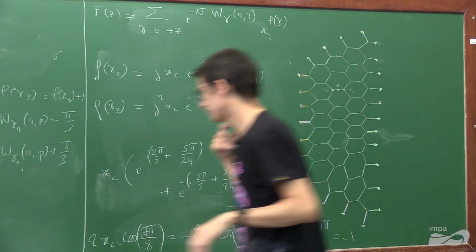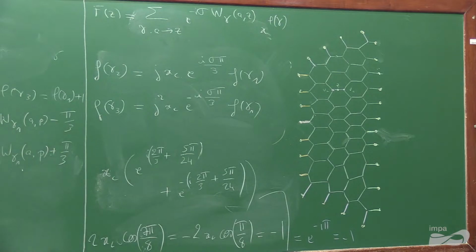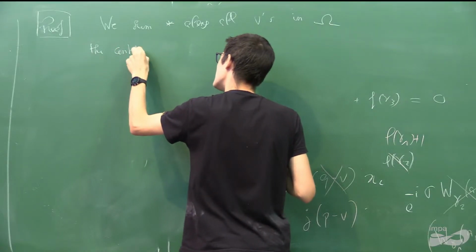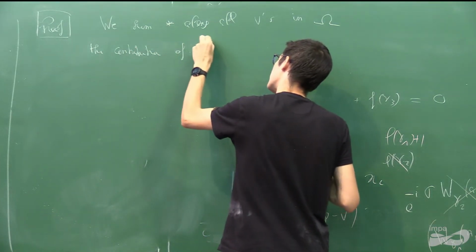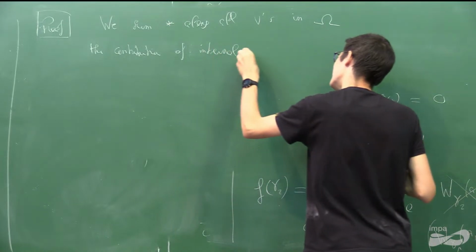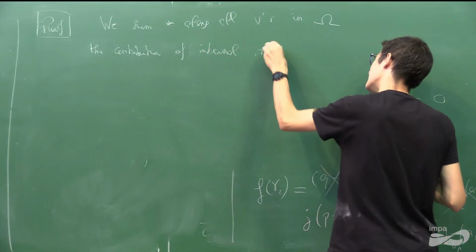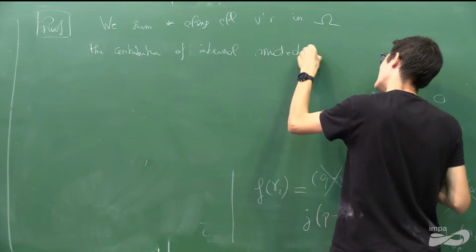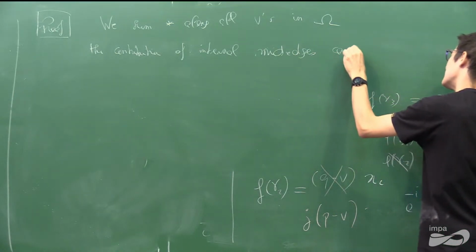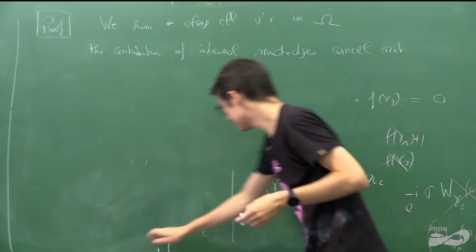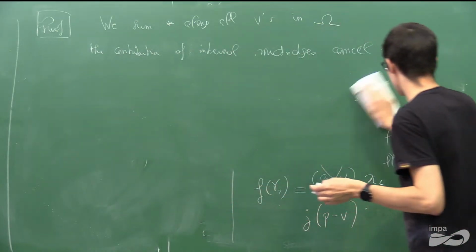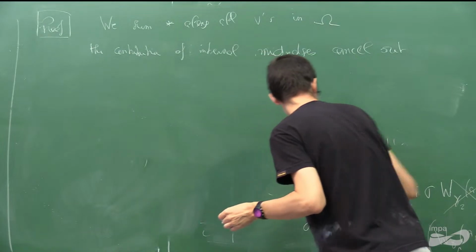So the contribution of internal mid-edges cancels out. Oh, and then you will discover that I have omitted something in the proof, but this doesn't matter very much.